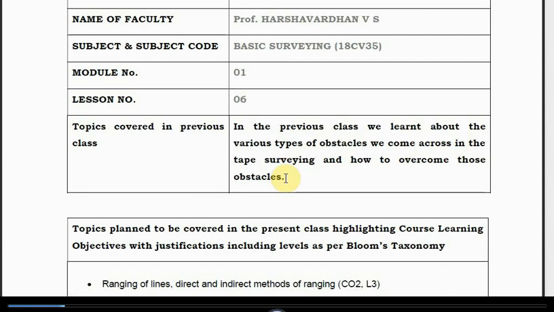The third type of obstacle is obstacle to both ranging and chaining. An ideal example of this case is a building.